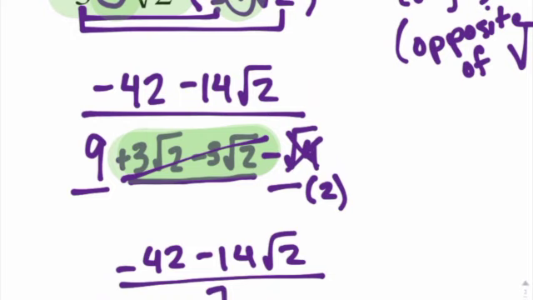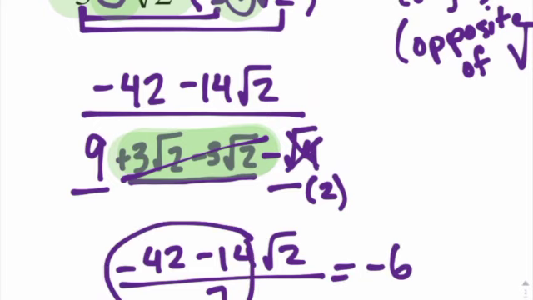And now technically, that is the right answer, but if you remember this when we did quadratic formula, you can simplify this because all of those are divisible by 7. If I divide them all by 7, I get negative 6 minus 2 radical 2 over 1, or just that.